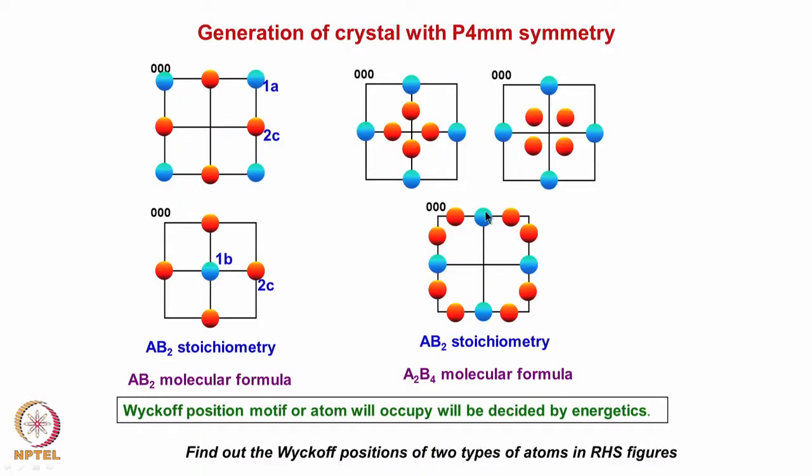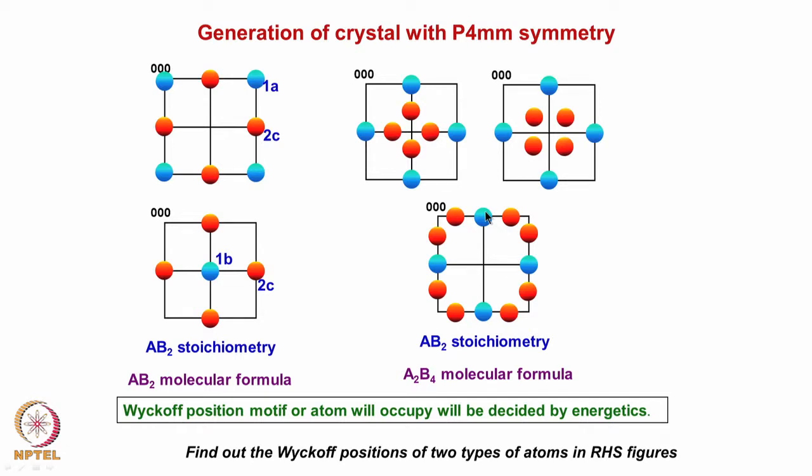The blue atom occupies all the corners, and if the B atoms, the orange ones, occupy all the face centers, then this will have an AB2 configuration, correct?